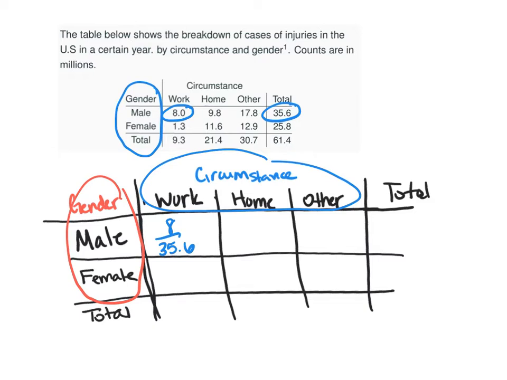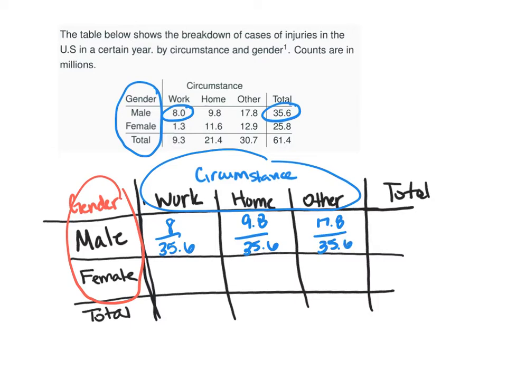And if you are a male, again, what percentage of males get theirs from home? So we're going to do 9.8 divided by 35.6. And then other would be 17.8 divided by 35.6.